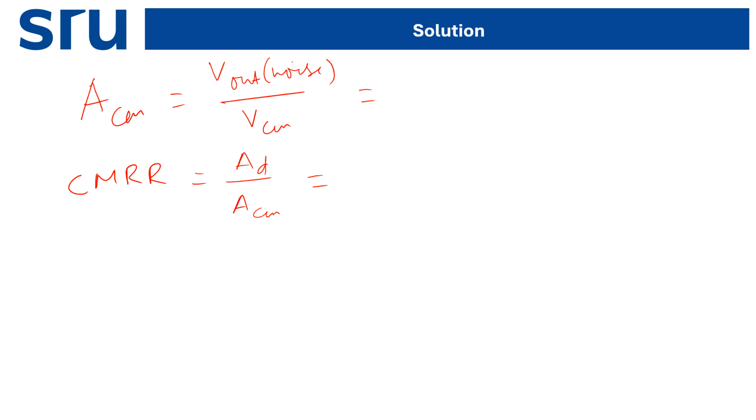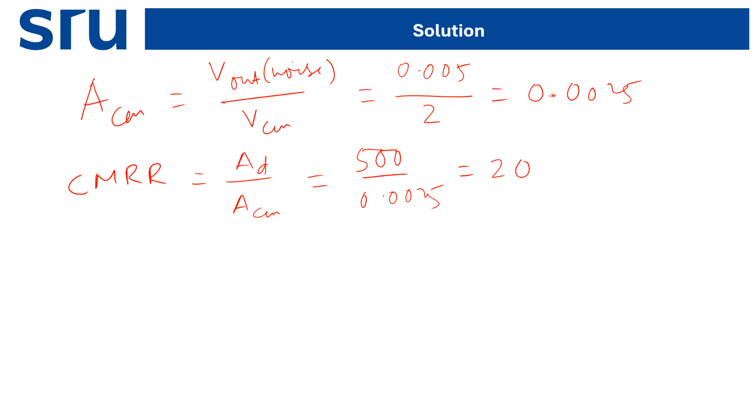So here the value will be 5 millivolt, so 0.005, but it was 5 millivolt divided by 2, which equals 0.0025, and this one is 500 divided by 0.0025, which equals 200,000. Okay, so now we have to calculate the CMRR.